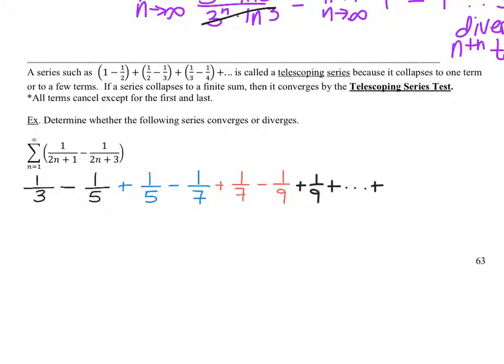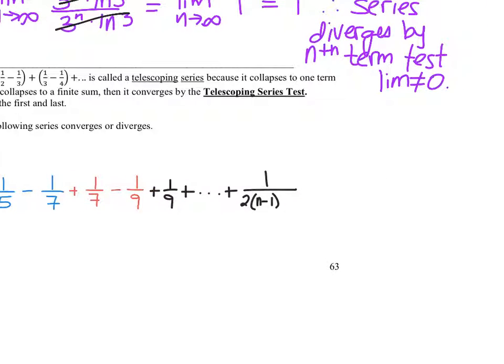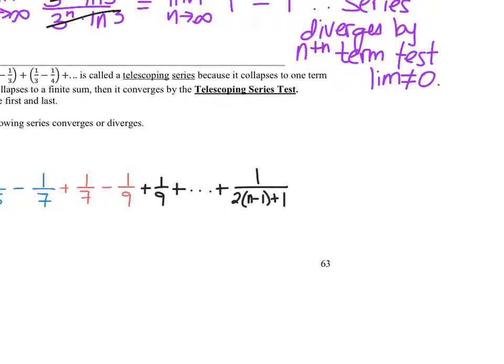But if I were to go 1 short of n, that would be plugging in an n minus 1. So I can do 1 over 2 times n minus 1 plus 1. And then minus 1 over 2 times n minus 1 plus 3.